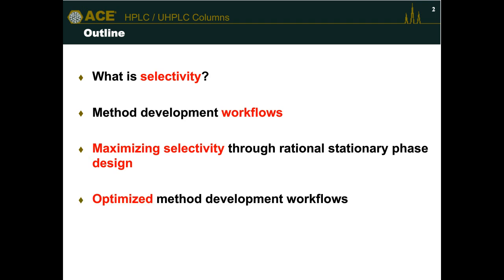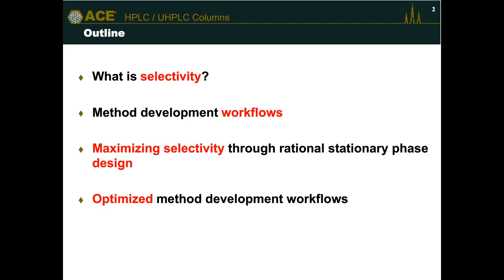And finally, I'll show a worked example where we use different types of chemistries and the power of selectivity with a screening approach to give us options for method development, and how that can provide solutions for the method development challenges that you have in your laboratory today.